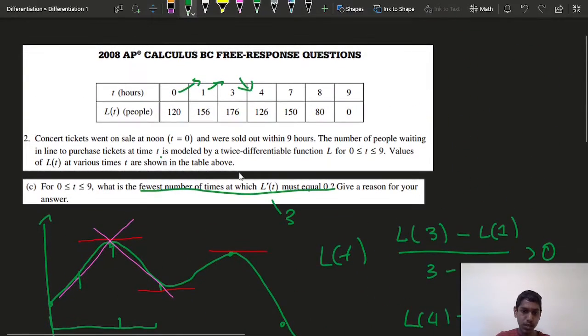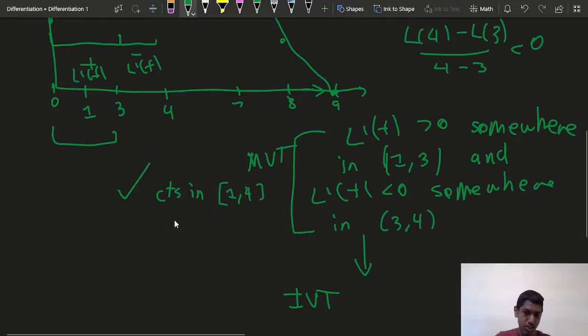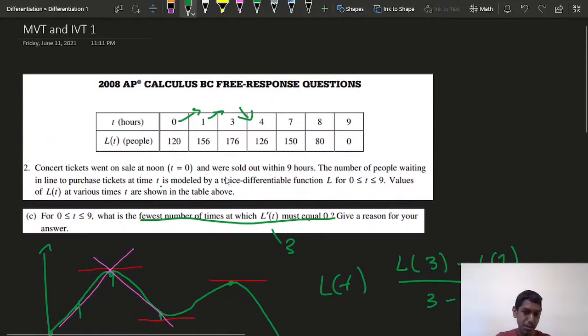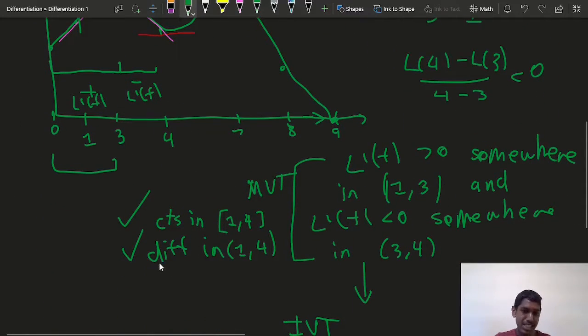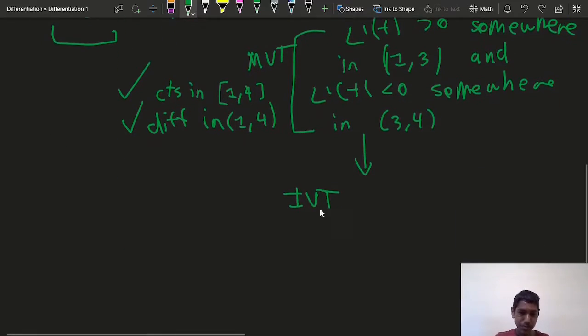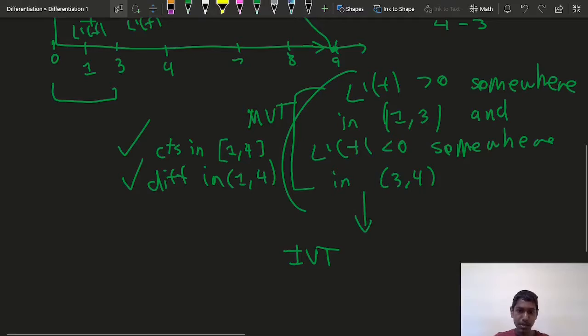Yes, we are. We're twice differentiable, so we've got to be continuous. And are we differentiable in this open interval? Of course, we're twice differentiable, so it's at least going to be once differentiable. So we know that those two conditions are true, so we know these are true by the mean value theorem.